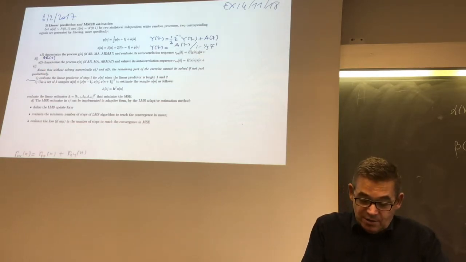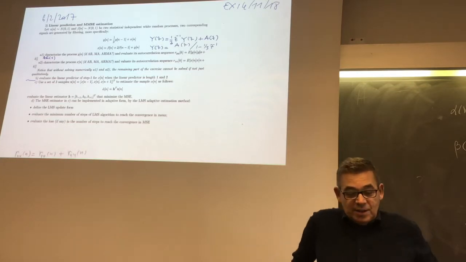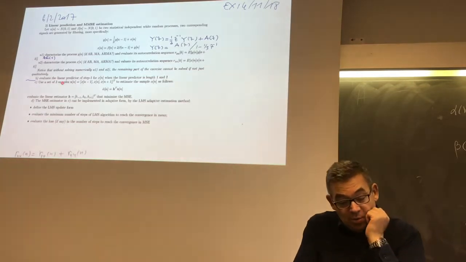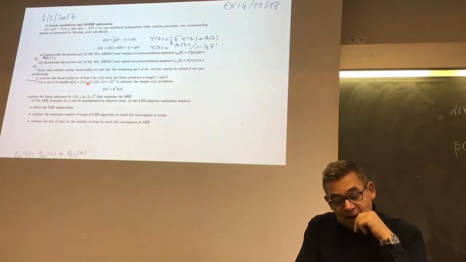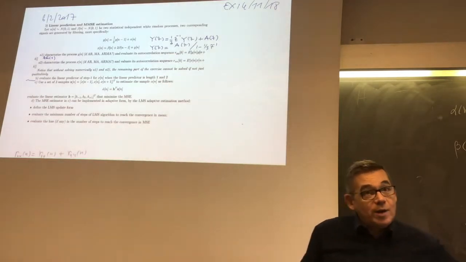So evaluate, forget about B for a minute, okay? Now, use a set of 3 samples, xn minus 1, xn, xn plus 1, and make the sample alpha n as follows. Now, what am I asking?